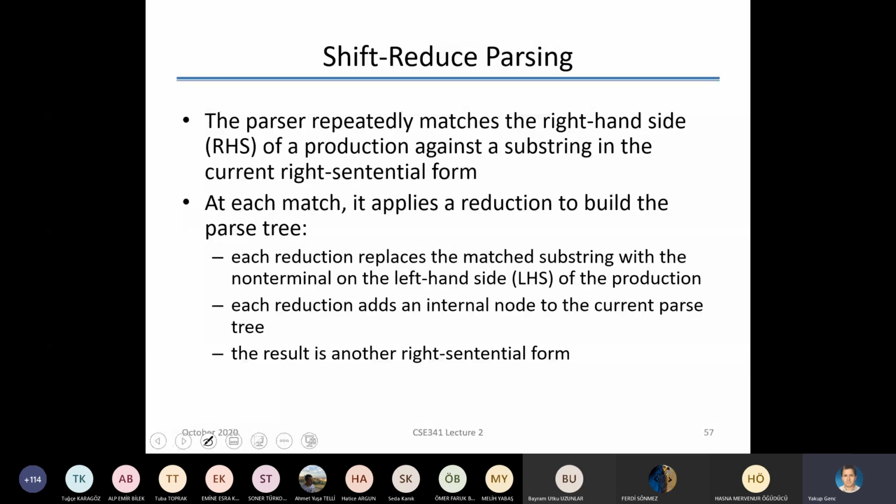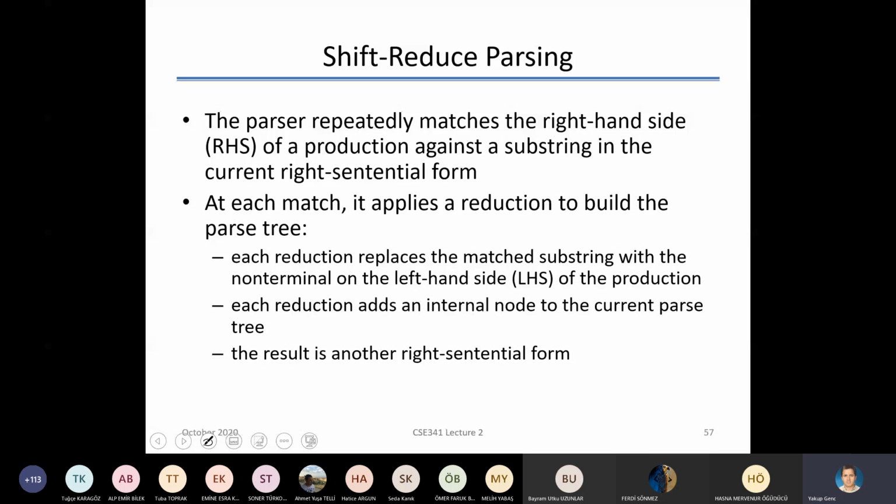And if you are doing a shift, it will also result in a right sentential form, because it will only be adding one more terminal, and adding one non-terminal or terminal symbol to a right sentential form is not going to change its rightness or leftness.